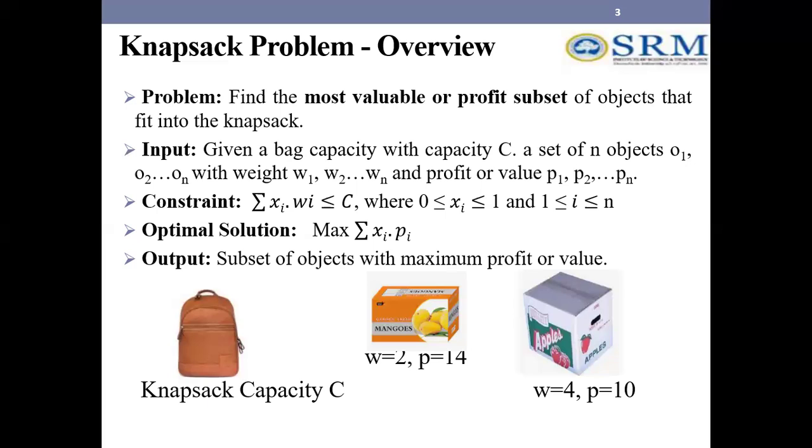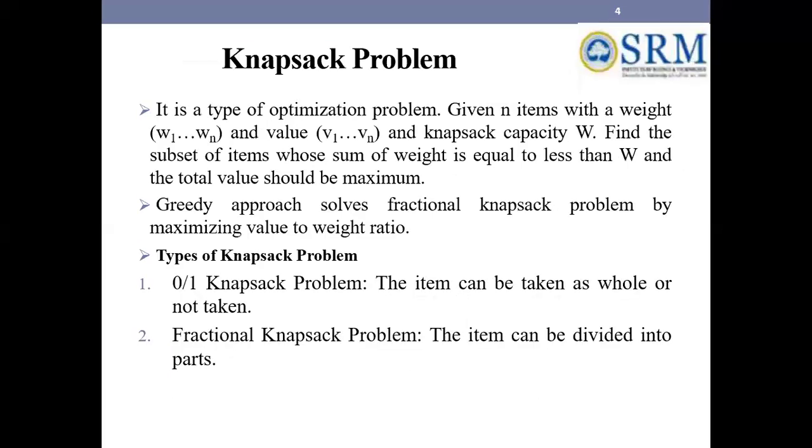That is the knapsack problem. It is a type of optimization problem. There are n items with weights W1 to Wn and values V1 to Vn, and the knapsack capacity is W. Find the subset of items whose sum of weight is less than or equal to W and the total value should be maximum.